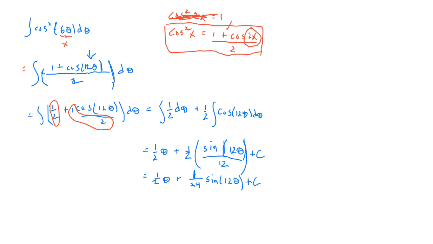So all I did here was I took the integral of the cosine of 12 theta over 2 d theta, and I just pulled out the half. So that's another example of these trigonometric integrals: you have to find the right identity to help you, and then you work it out.